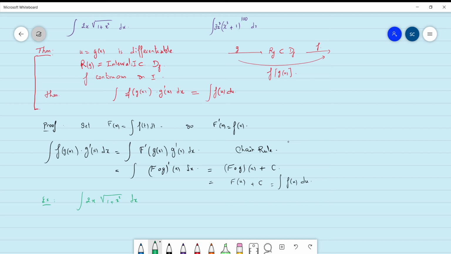My f is the square root, and inside is my g. Then this one will be g prime. So I can write it as f at g of x times g prime of x dx. So it is an antiderivative.